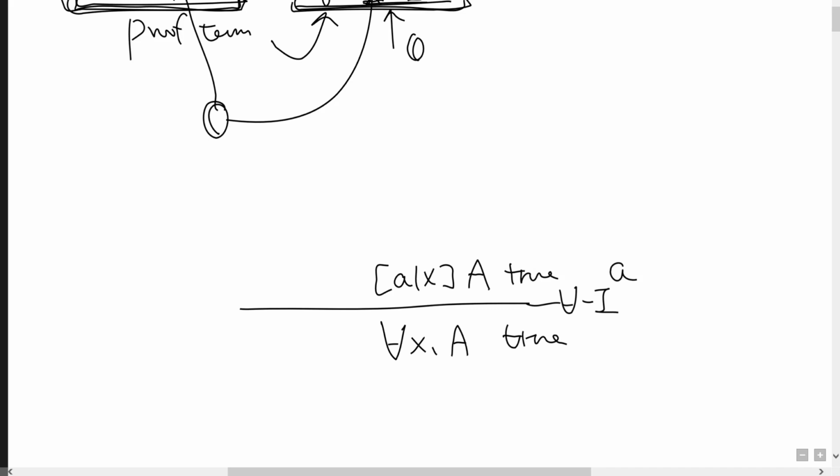So this inference rule is the introduction rule for universal quantification. But now we'd like to reformulate this inference rule in terms of a proof term. So this judgment disappears, and we are supposed to find the proof terms.